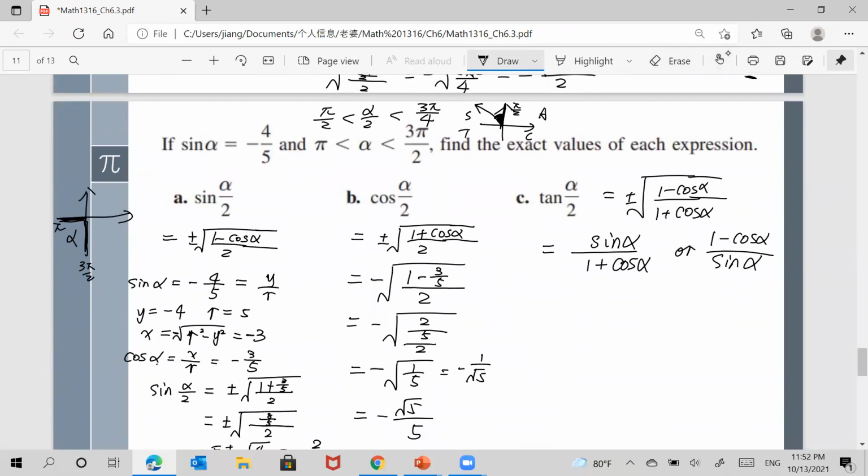So pick the first formula, the sine alpha is negative 4 over 5 divided by 1 plus cosine alpha. Here is plus negative 3 over 5. So minus 3 over 5. Then the top is 4 over 5. The bottom one is, so be careful, here is 3.